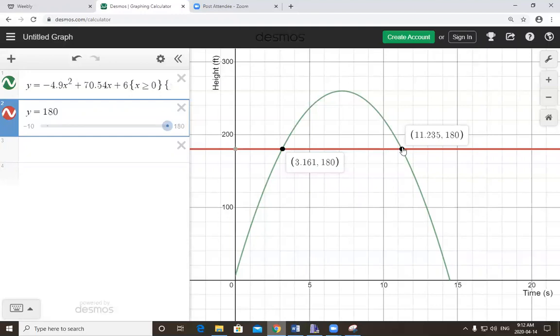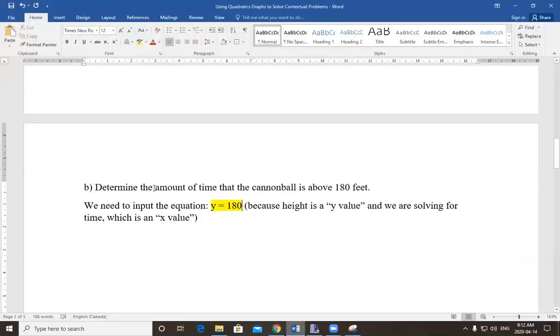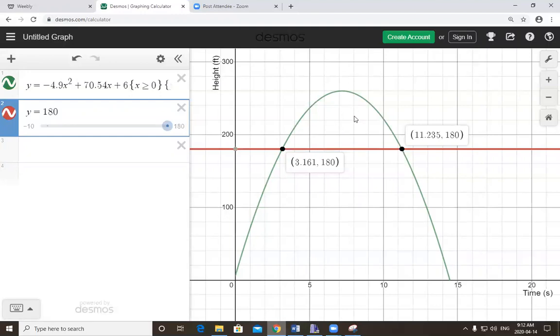So then the question is asking, determine the amount of time that the cannonball is above 180 feet. So we want the time from 3.161 to 11.235. So how do we get this? Hopefully you're realizing that we're simply going to take the 11.235 and subtract the 3.161, and that would give us our final answer.